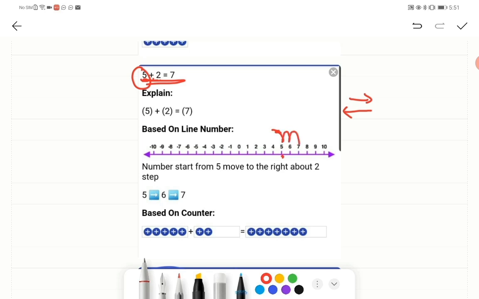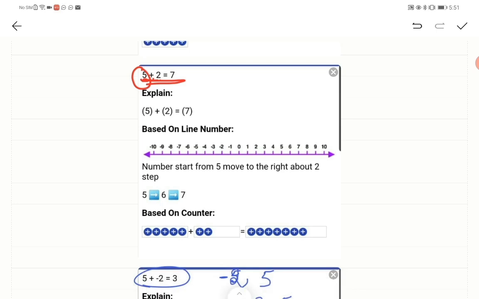So this becomes 5 plus 1 is 6, and this is 7. So this is your 5 plus 2 on the number line. The questions in your test may ask you to plot your integer addition on the number line, so you need to plot like this.